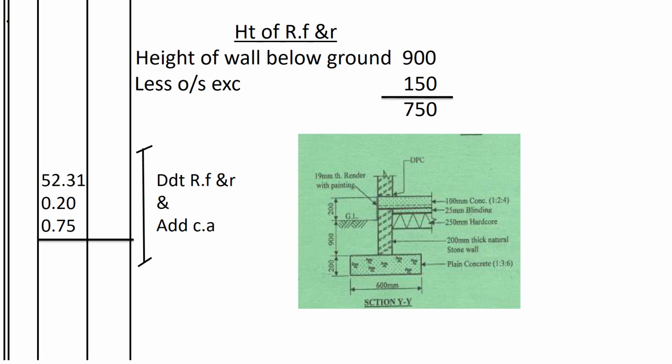So the volume of the soil that has been replaced by the wall is center line times the thickness of the wall times the depth of the wall below the ground minus the oversight. So we start with center line as the length, then the width, which is 200 millimeters, then the depth of the wall. So we shall say deduct RFR and add cut away.